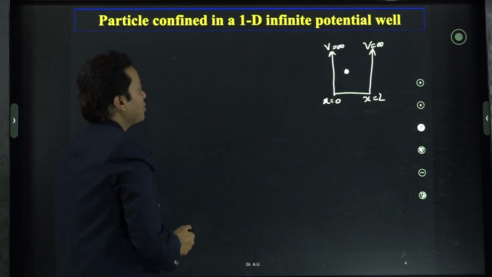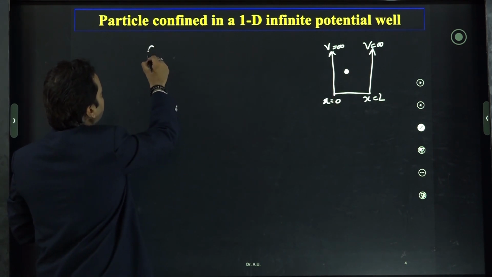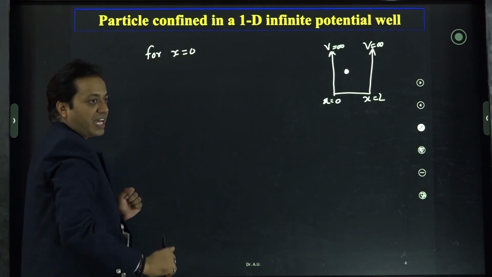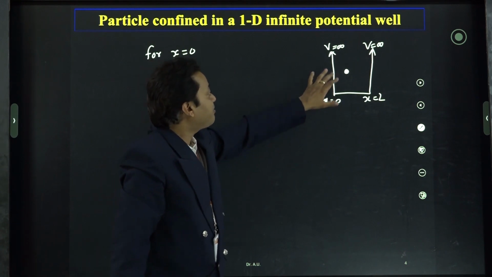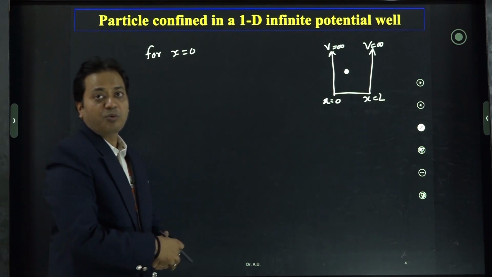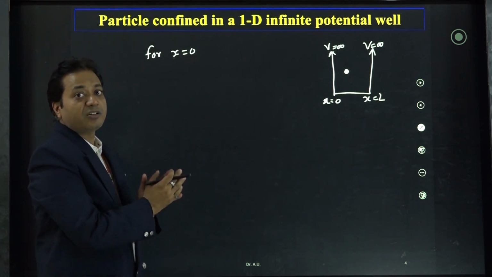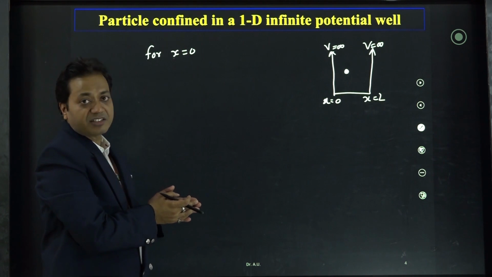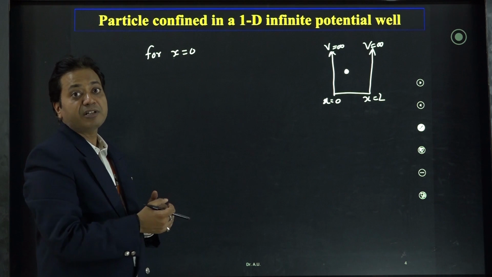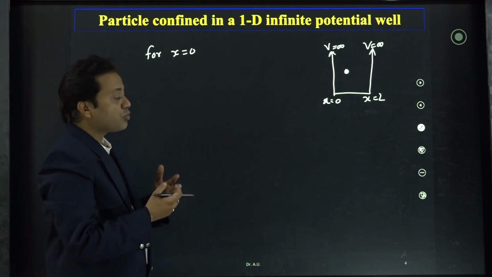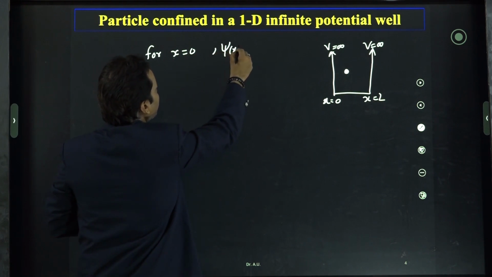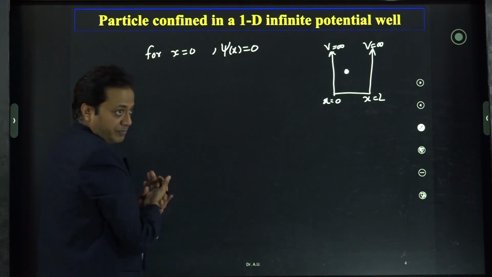So we can check the boundary condition for x equal to 0. At x equal to 0, the potential is infinite. If the potential is infinite, it means the particle cannot be there at that point. If there is no particle at x equal to 0, there will be no wave there. If there is no wave, it means psi of x will be 0. The wave function also will not be there.